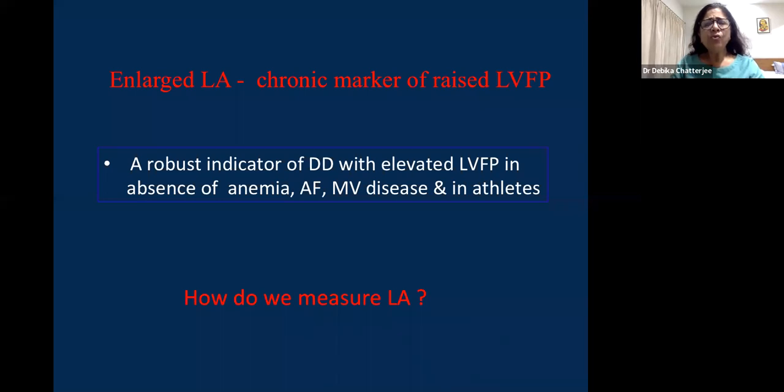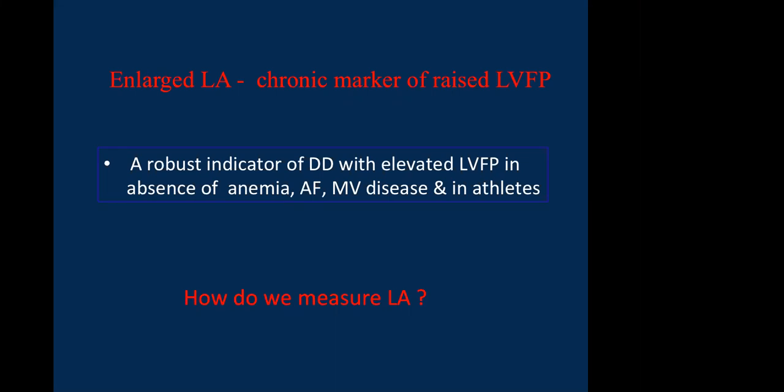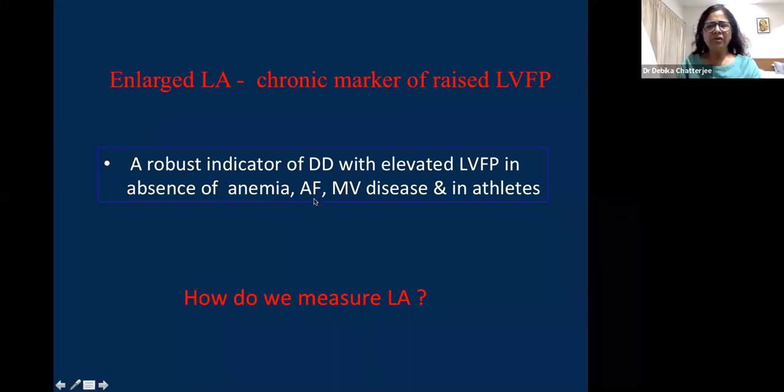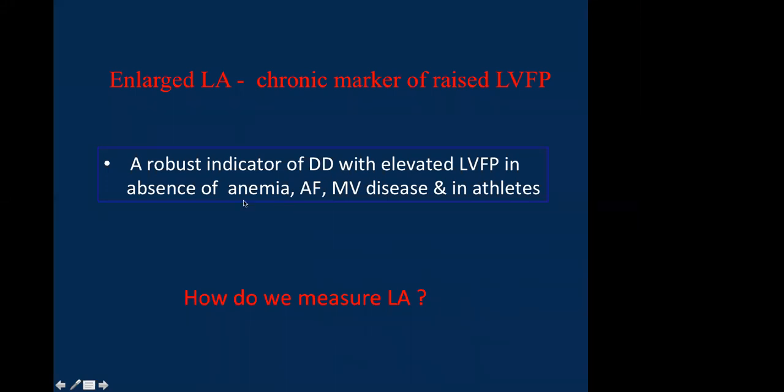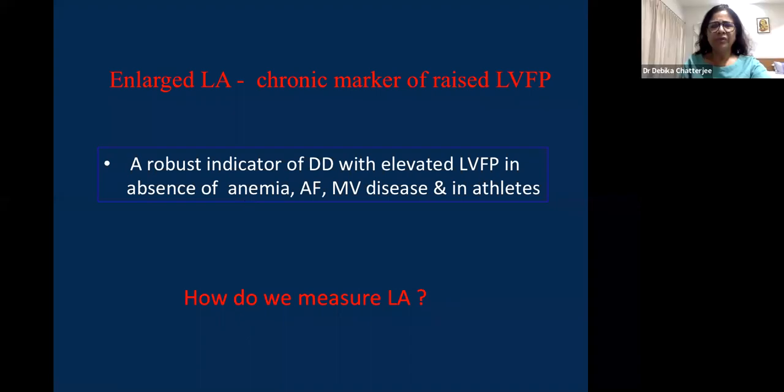And it's a very robust indicator of diastolic dysfunction with elevated LV filling pressure. And of course, in absence of anemia, atrial fibrillation, or mitral valve disease, or even in athletes, because in these cases, even if there is no diastolic dysfunction, you may see the enlargement of the left atrium. So, enlarged LA is a chronic marker of raised LV filling pressure.